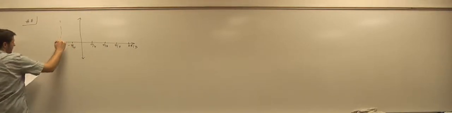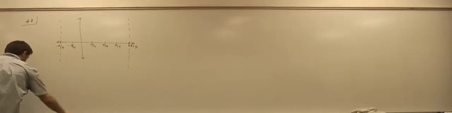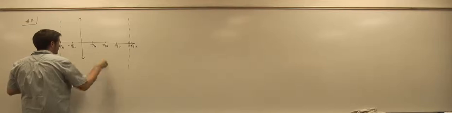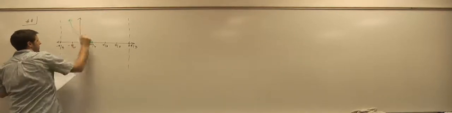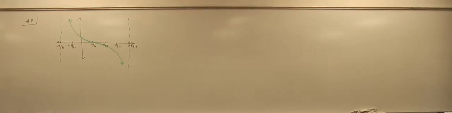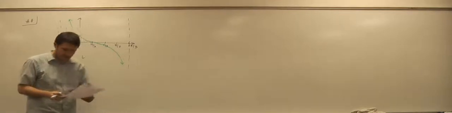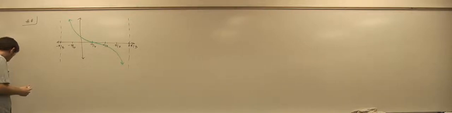So the asymptotes are here, here, and then it goes downward through pi over 6. Something like this. And I asked you to match the picture with one of the equations here. So I guess that's what we have to do.